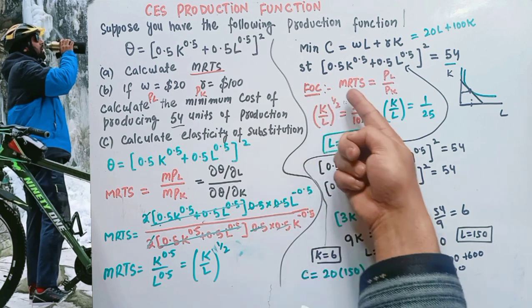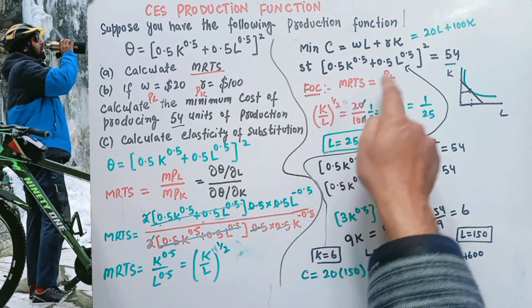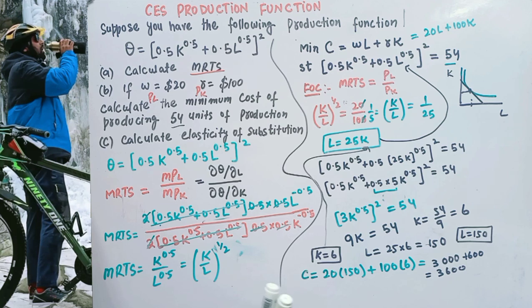Okay, this is being told by MRTS is equal to the ratio of the input prices. Okay, so this was the second part. I hope I have done the calculation right.